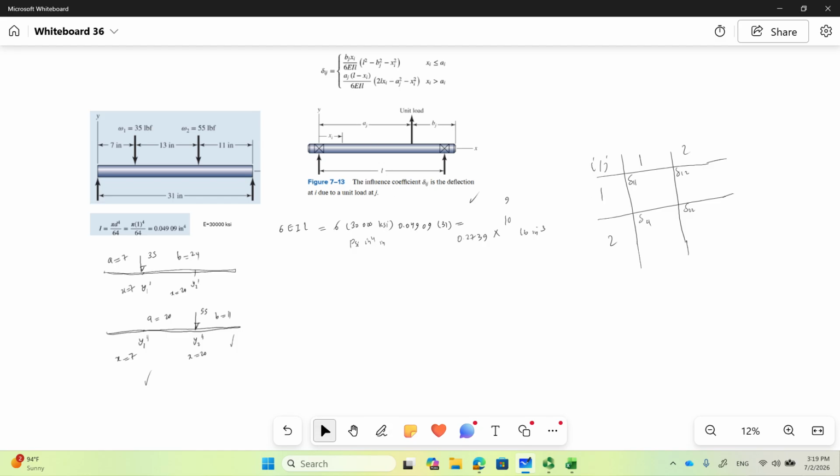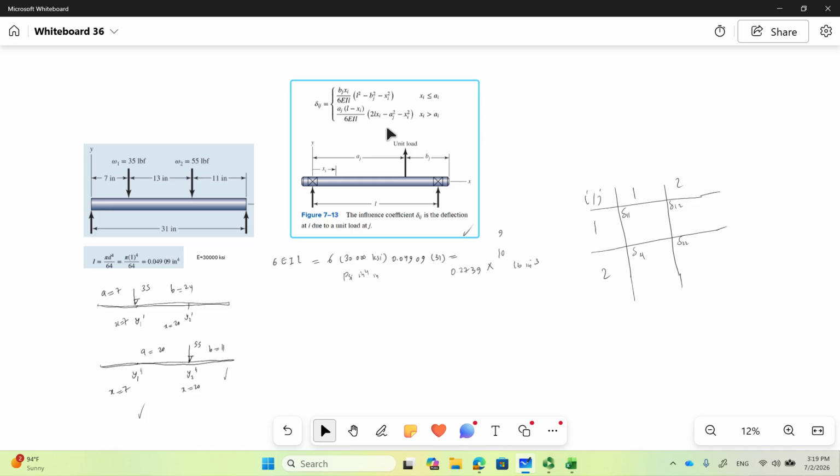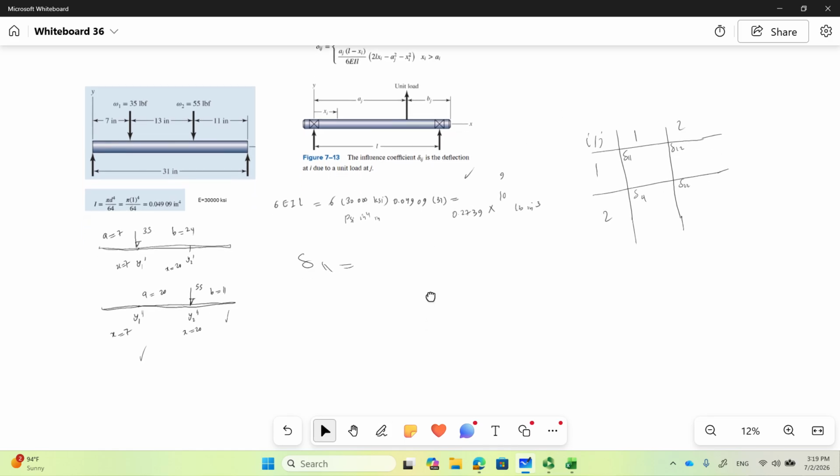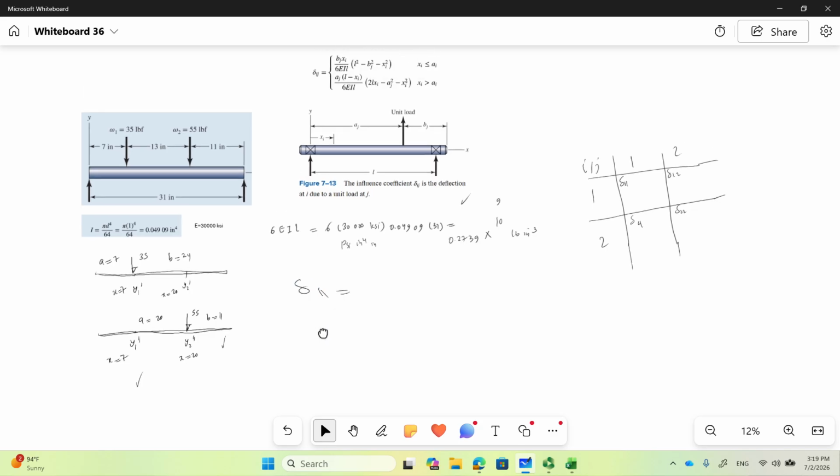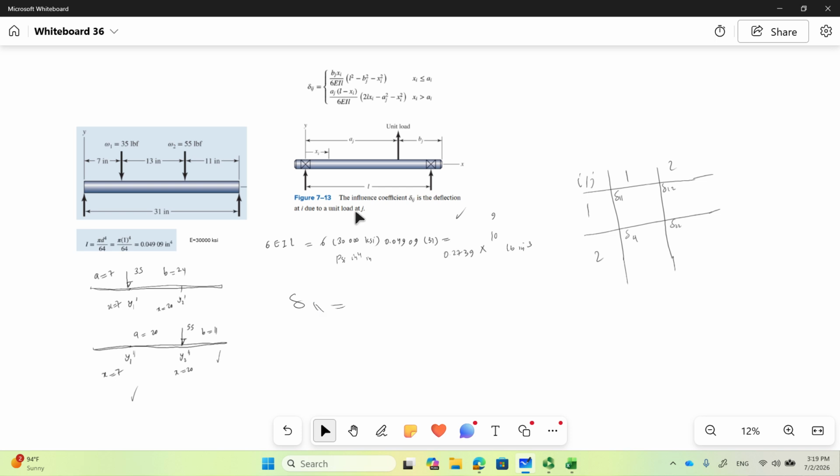Using this figure here. So first let me describe what influence coefficients are by definition. When I say delta 1 1, it basically means deformation at node, or weight 1, when a unit load is applied to that first point.